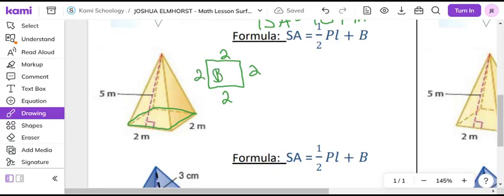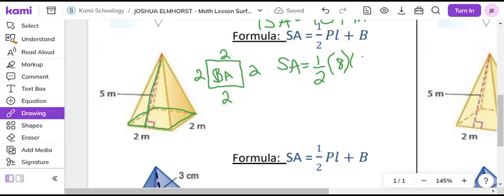So this is the base. And now we can fill out the formula. We have surface area is going to be 1/2 the perimeter. And what's the perimeter? 2 plus 2 plus 2 plus 2.